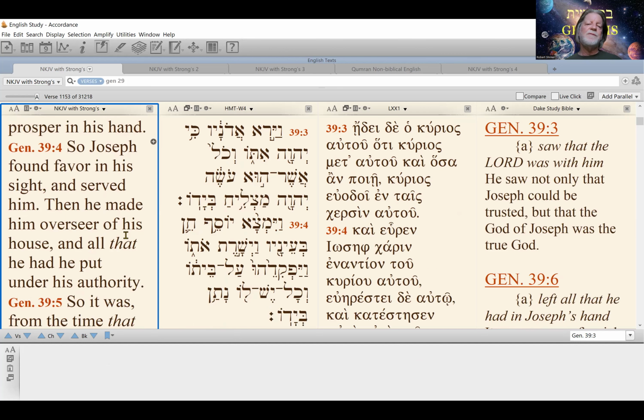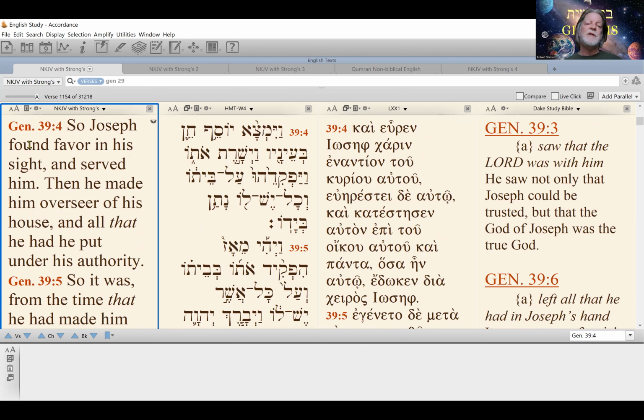So Yosef found favor in Potiphar's sight, and he served him. I might add, he served him well and was rewarded for it. This Potiphar is a smart guy.